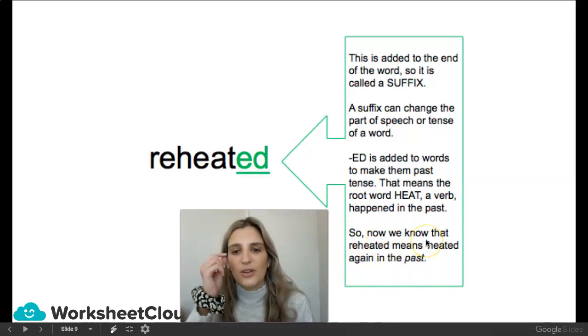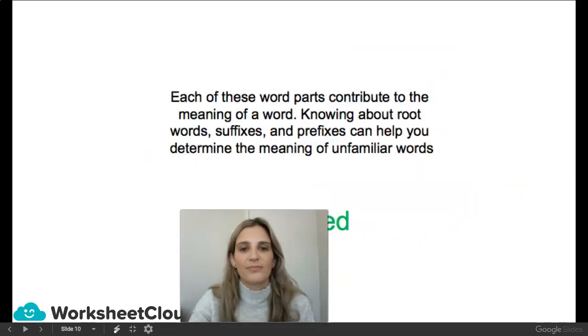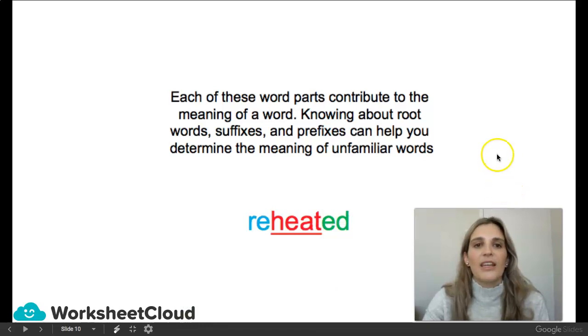So now we know that reheated means heated again in the past. Each of these word parts contributes to the meaning of a word. Knowing about root words, suffixes and prefixes can help you determine the meaning of unfamiliar words.